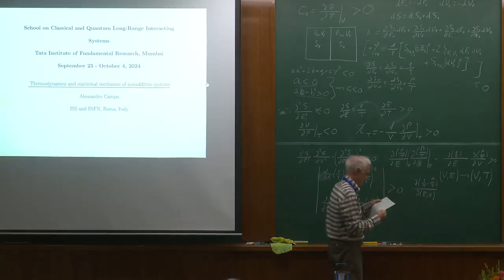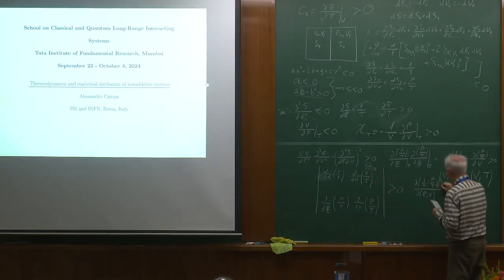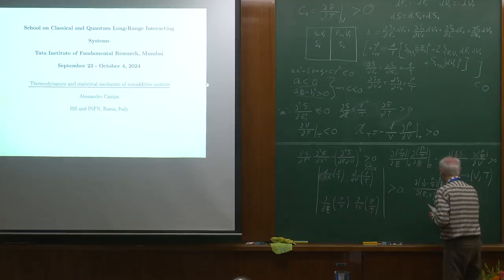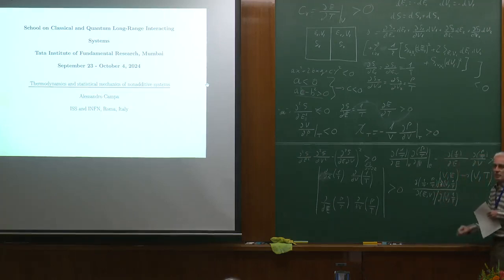Now, if you divide both by dv 1 over t, now you have the ratio of two Jacobians.